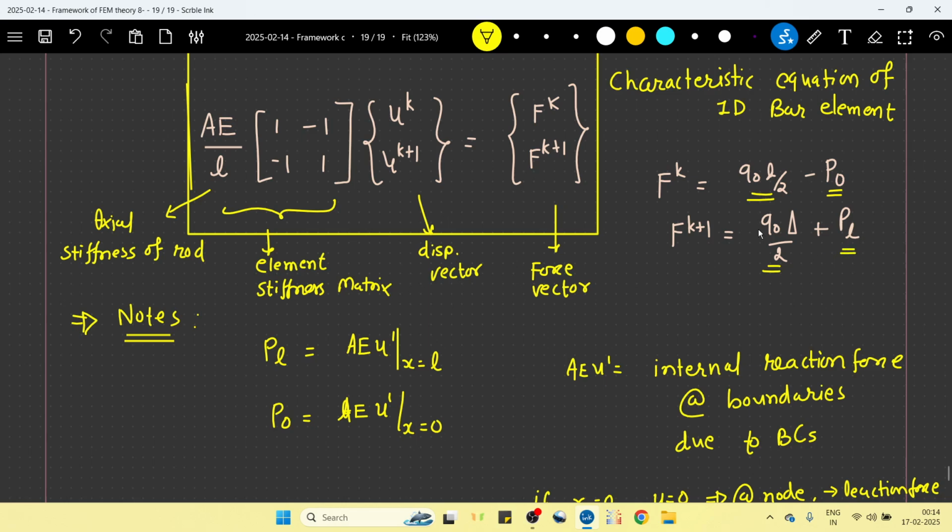So Q0 L by 2 is nothing but our external axial force. We applied Q0, which is Newton per mm, so this we can say is nodal equivalent force, nodal force equivalent to our distributed applied load Q0.